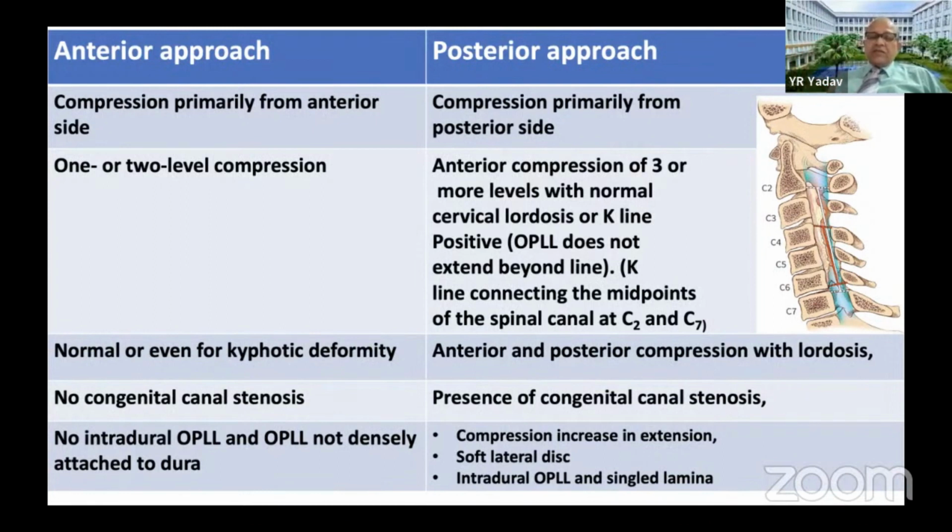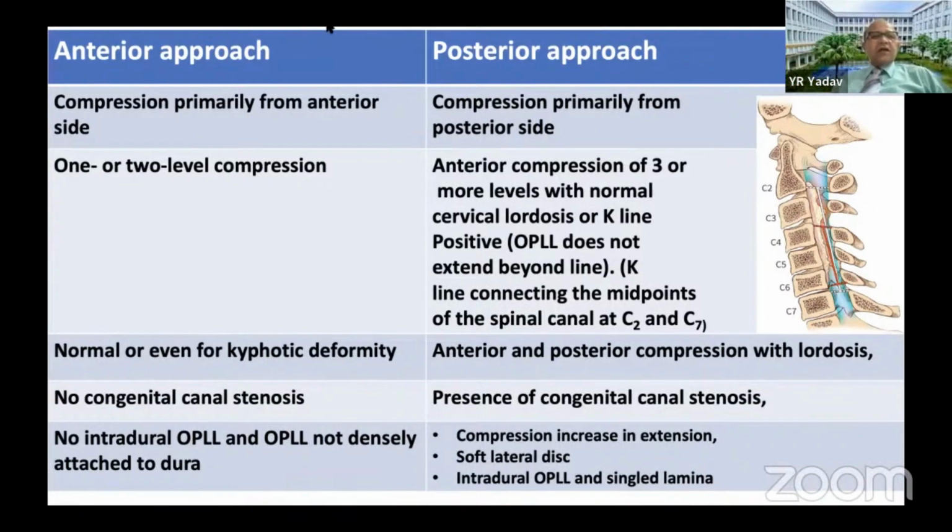And if you have single lamina, which I'll discuss. So if you take an axial CT scan, and in one axial cut you see 2 laminas posteriorly, that shows that there has been a hyperlordosis, and these patients are a good candidate for posterior approach.